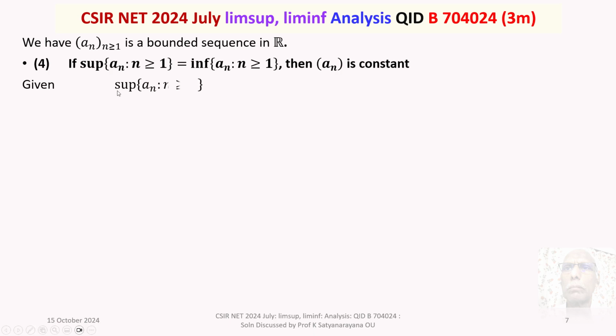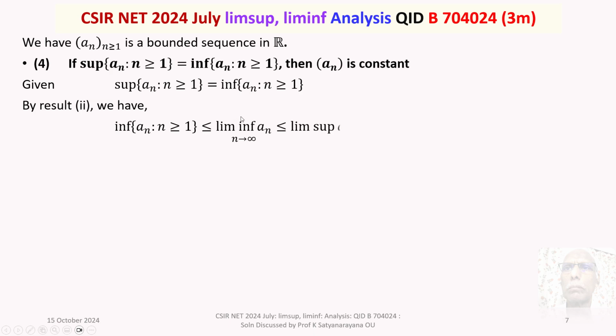Now, given supremum is equal to infimum, by result 2, we have infimum is less than or equal to limit inferior, is less than or equal to limit superior, is less than or equal to supremum. And supremum is equal to infimum.